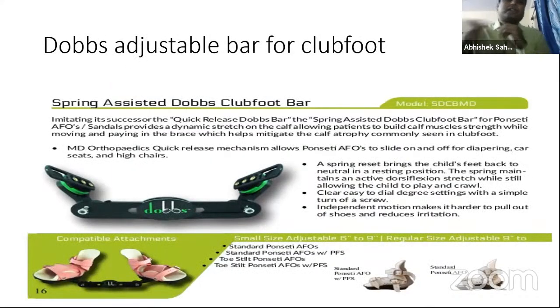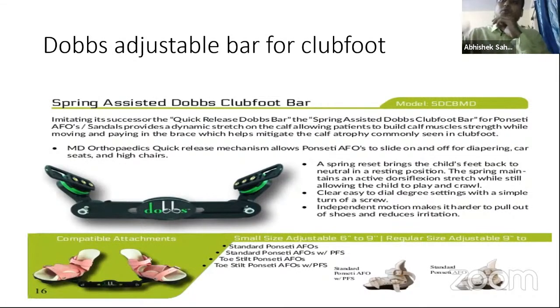Now this is another modification which we have come up with in recent years. I have still not used it in my practice. This is the Dobbs adjustable bar for the club foot. Now, normally the most common reason for non-compliance with the brace was that the parents would come and tell us that the children are removing the brace.